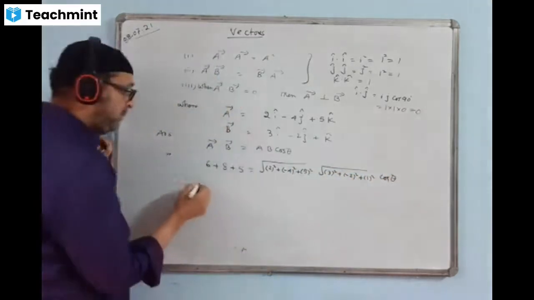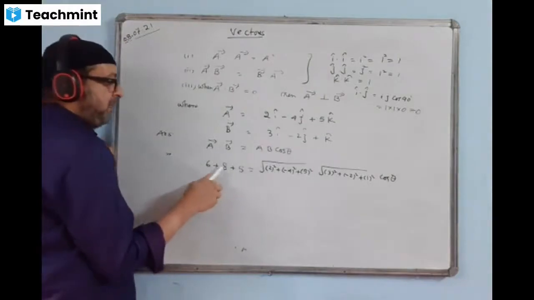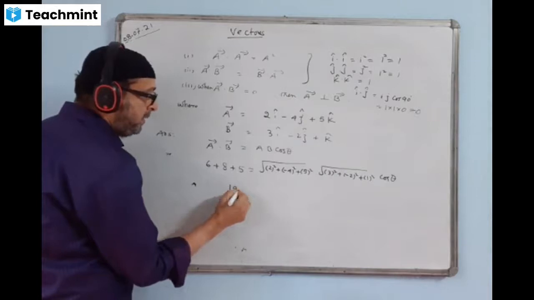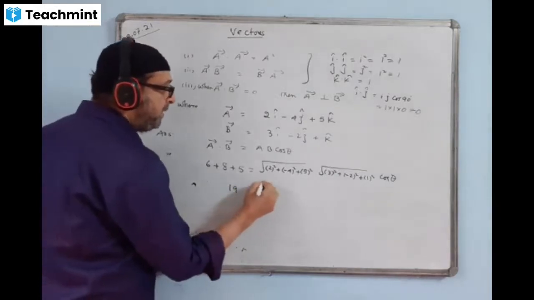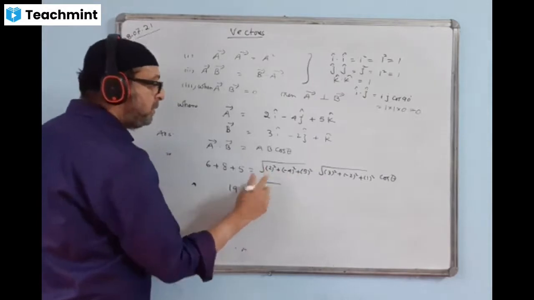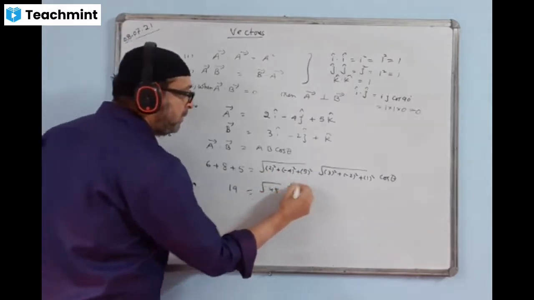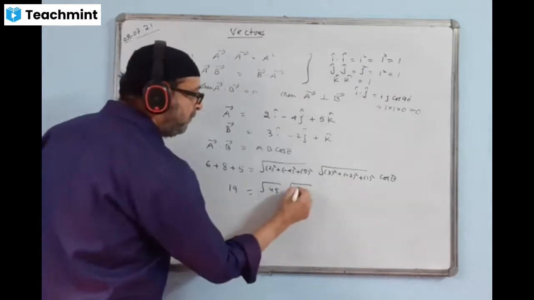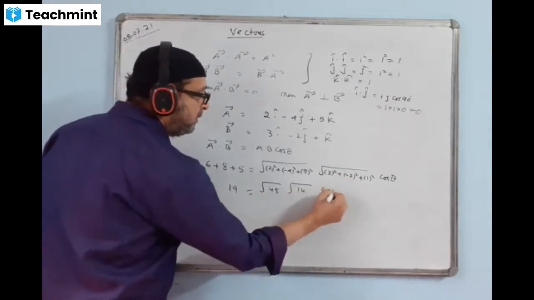Here I get the answer 8 plus 6, 14 plus 5, 19. Here the answer is 25 plus 16, 41 plus 4, 45. Here I am getting 1 plus 4, 5 plus 9, 14, cos theta.